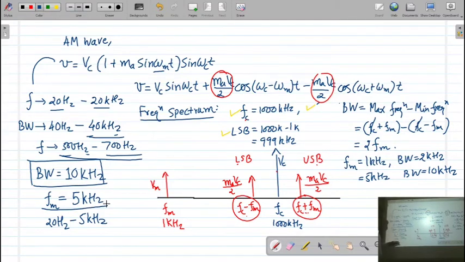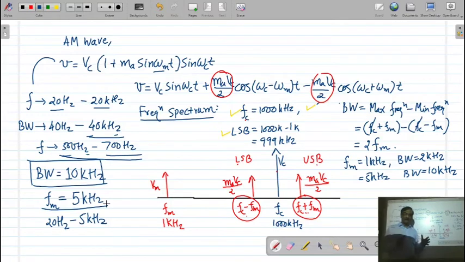Whatever information is above 5 kilohertz is filtered out, so the quality of the sound is going to be compromised. That's why you have already experienced that if you listen to a song on the AM band and on the FM band, there is a wide difference in the quality of the sound.